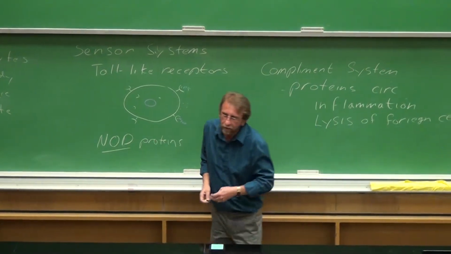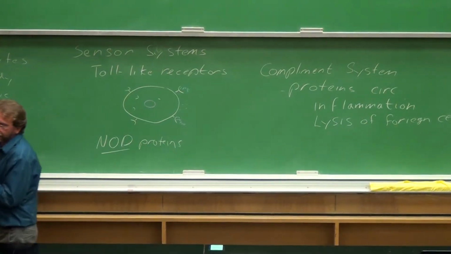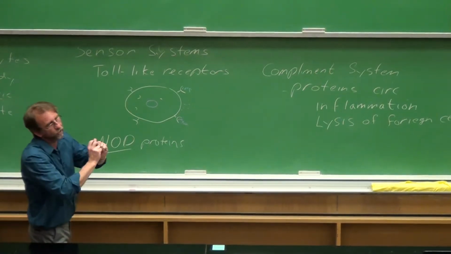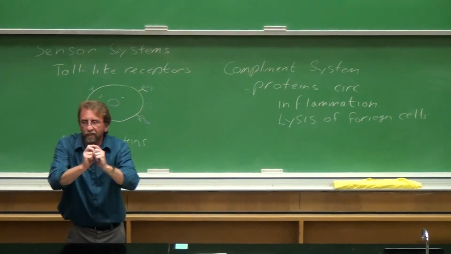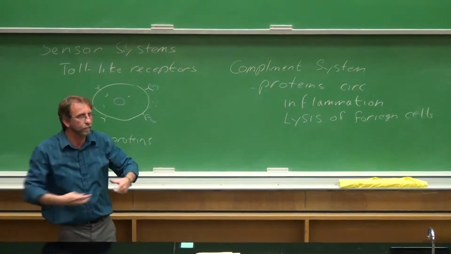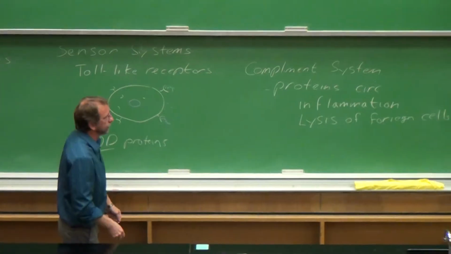So bacterial cells, complement can form pores, if you will, holes in the membrane of bacteria cells. You form enough holes in the membrane of bacteria cells, they take on water and then they burst. Bacteria cell dead.